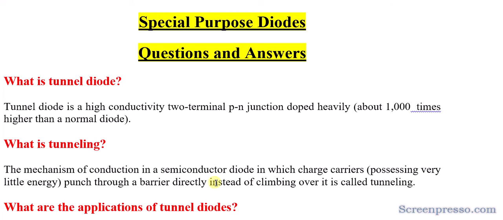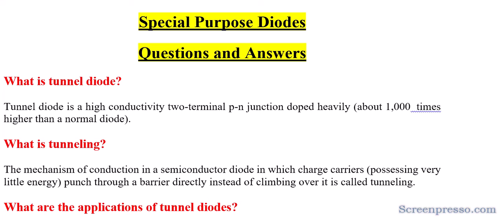In the context of electronics, even if the charge carriers possess a little amount of energy, they punch through a barrier directly instead of climbing over it. This is nothing but the concept called tunneling.